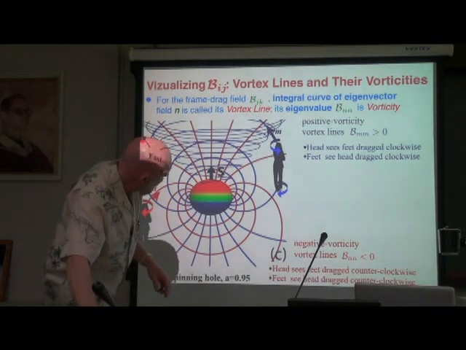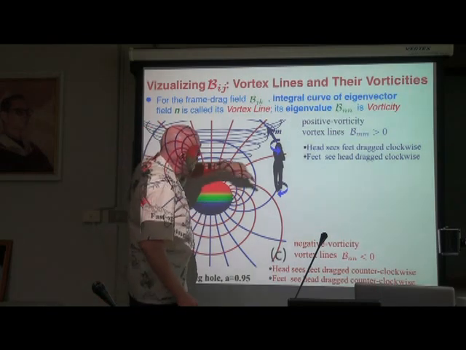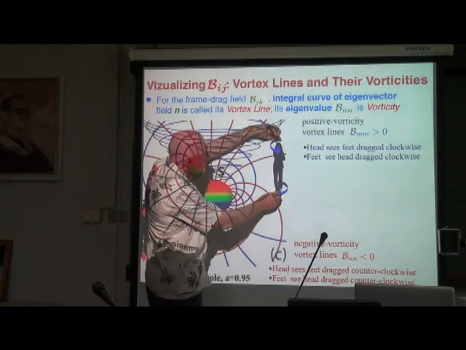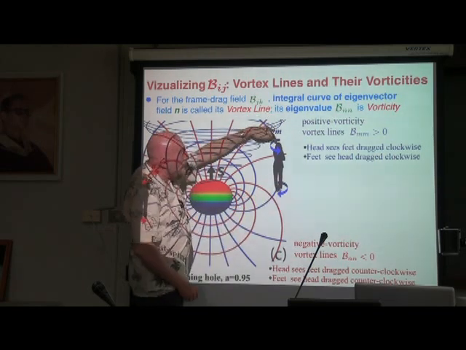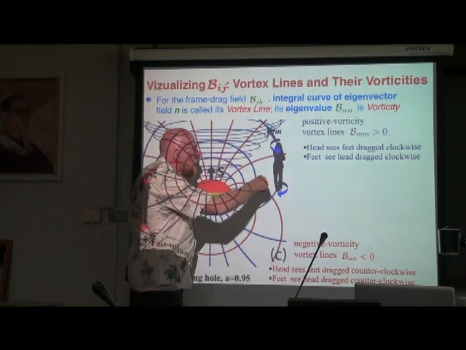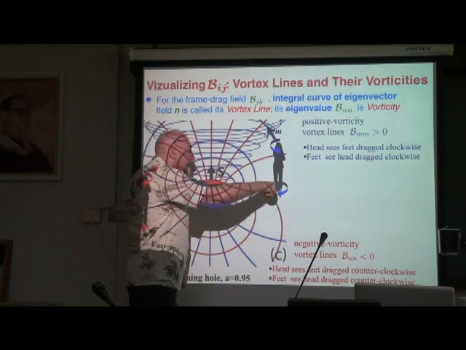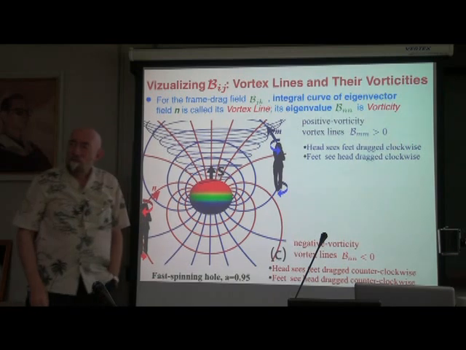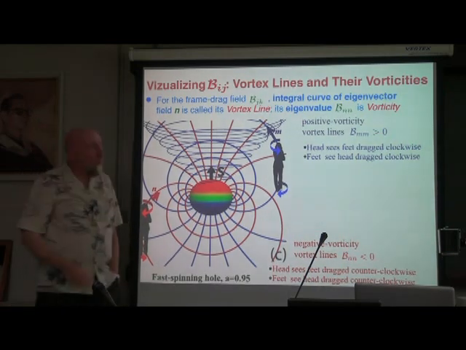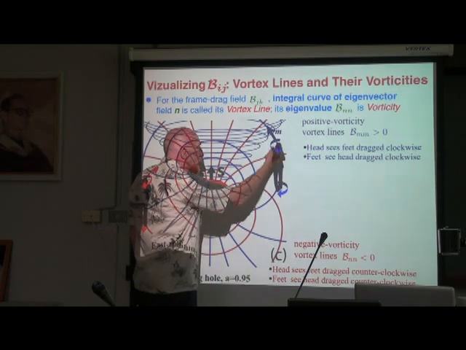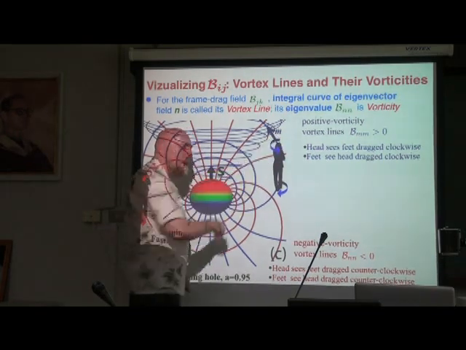Here is a blue tendex line. What this means is that if this woman is oriented along that line and she looks at her feet, she sees her gyroscope at her feet precessing in a clockwise direction. But her feet see a gyroscope at her head precessing in a clockwise direction.